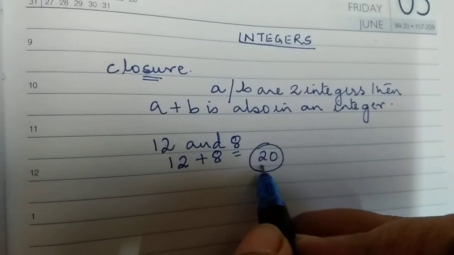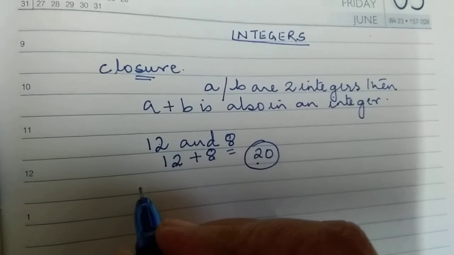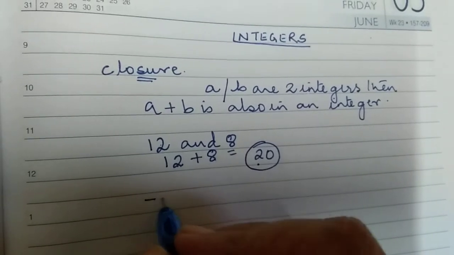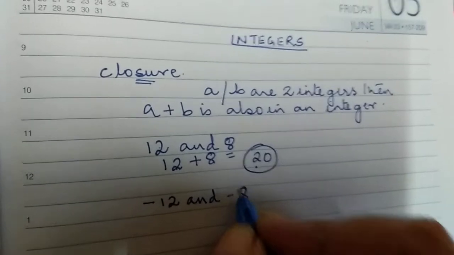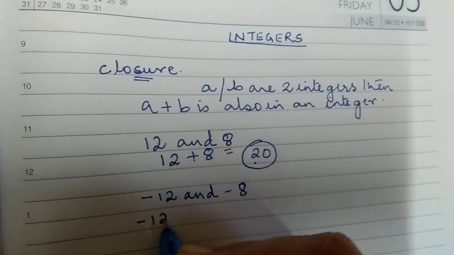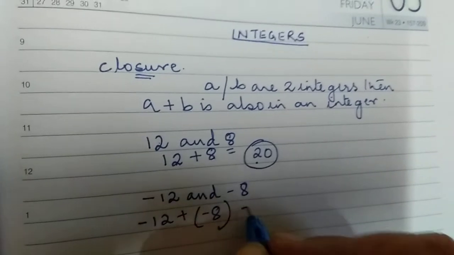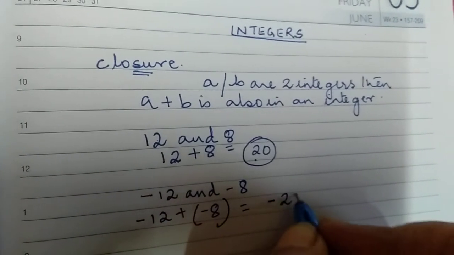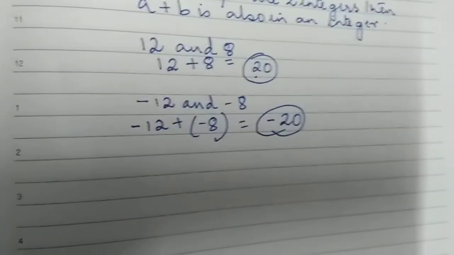is also an integer. In the same way, suppose we take two negative integers, minus 12 and minus 8. If we add it up, minus 12 plus minus 8, this will be minus 20. Minus 20 is also an integer.